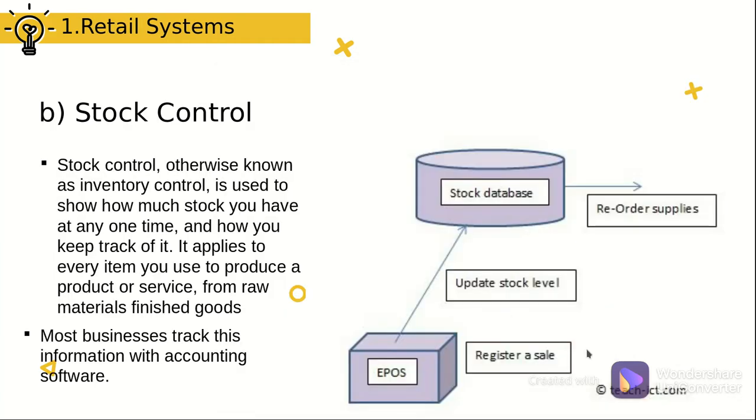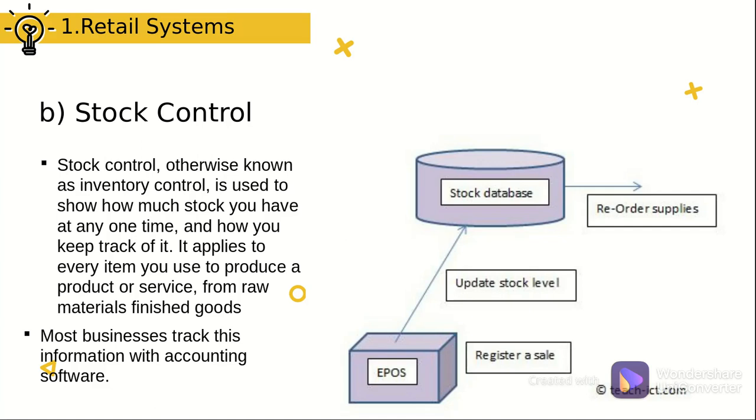Lastly, in retail systems, let us mention something about stock control. Stock control is also sometimes called inventory control. Inventory control is the process of maintaining the appropriate quantity of stock so a business can meet customer demand without delay, while keeping the costs of holding stock to a minimum.